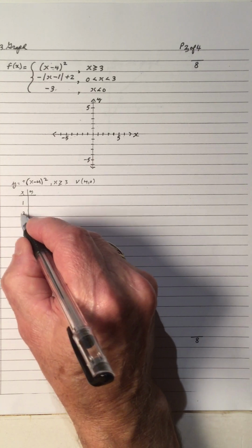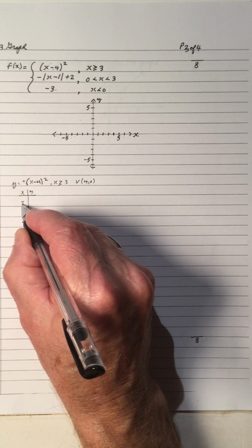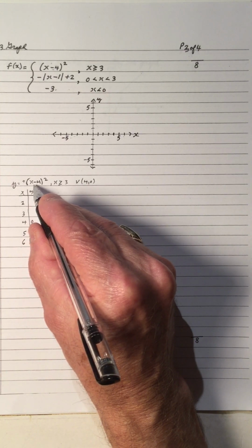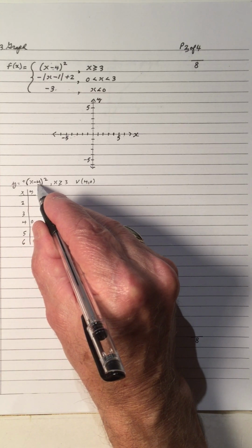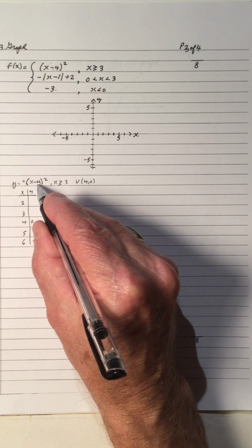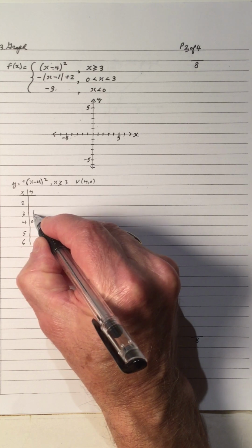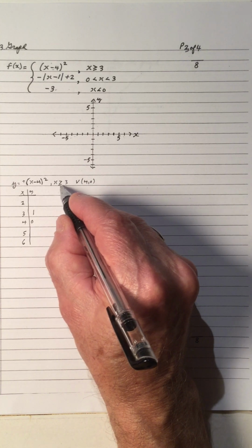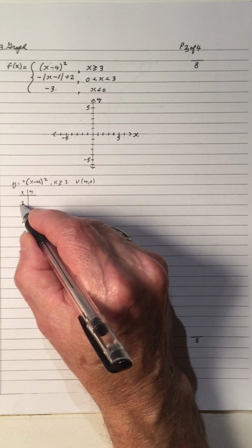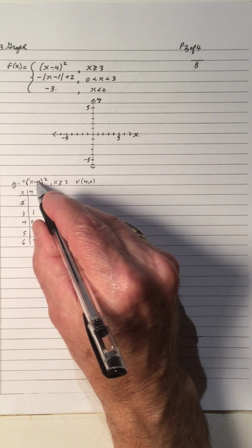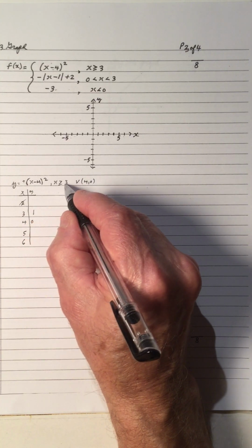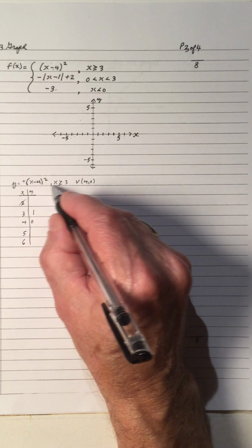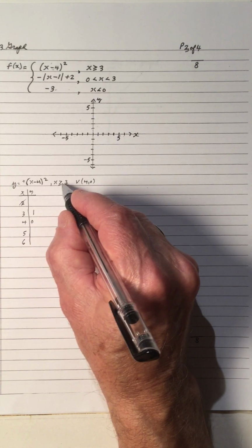So let's put 3 into this equation. 3 into this equation gives us negative 1 squared is 1. Now, we can only go greater than or equal to 3. We can't take the 2, so even though 2 will fit in the equation, it won't fit in the domain for this parabola, the part of the parabola we're trying to grab.